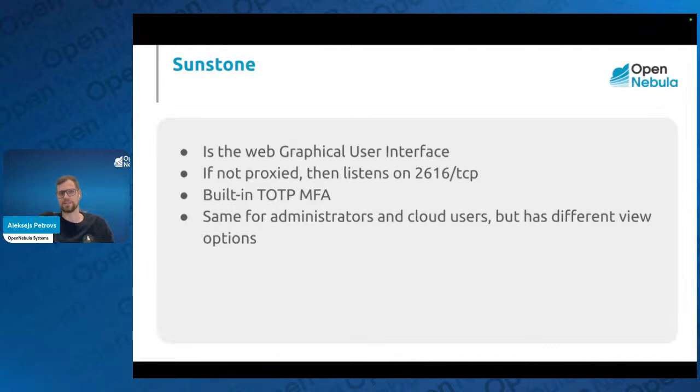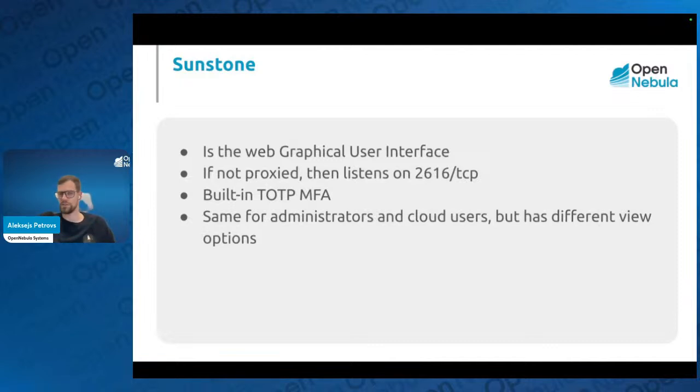So here it is. It's called Sunstone. Now, if it's not proxied and installed as is, and especially if it comes with miniONE deployment, then it listens on 2616. So that would be the port for Sunstone. If you installed from miniONE, please note that then your OpenNebula deployment runs two Sunstones.